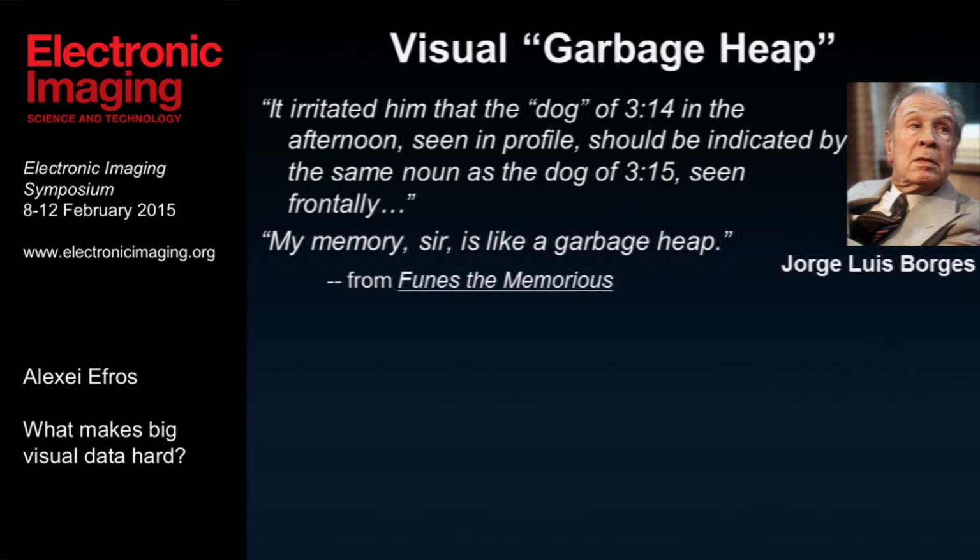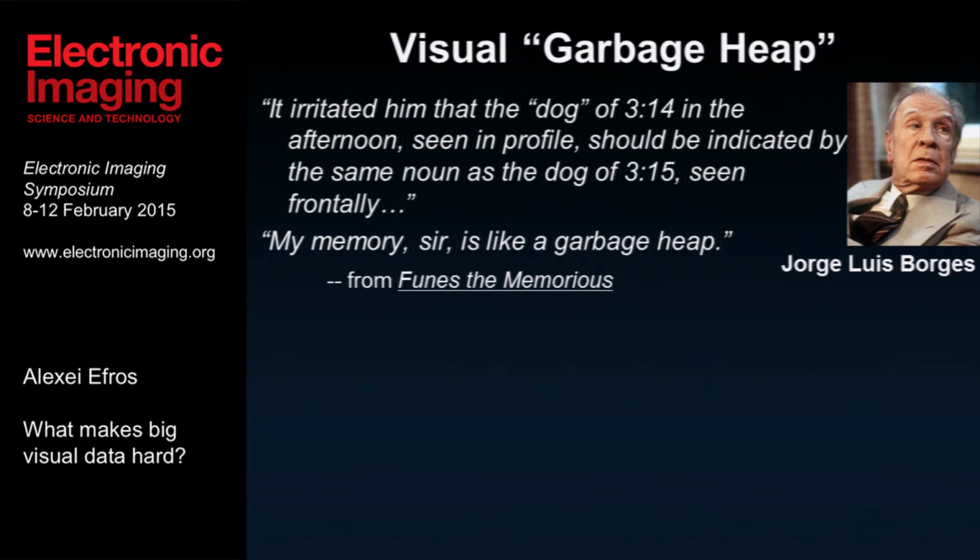And so I like to quote Jorge Luis Borges here from his short story Funes the Memorious. This is about a fellow on an artistic spectrum, and it says, it irritated him that the dog of 3:14 in the afternoon seen in profile should be indicated by the same noun as the dog at 3:15 seen frontally.